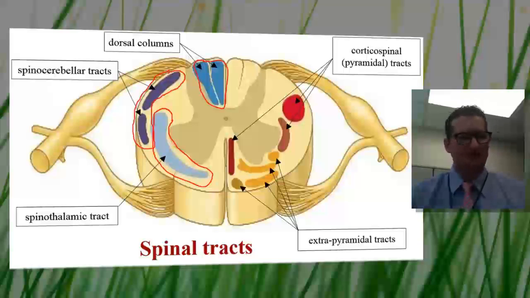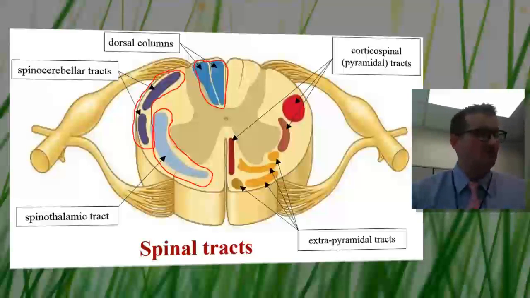It's called proprioception. The spinal cerebellar tract is responsible for proprioception also, and the spinal thalamic tracts down in this region here relay the sensations of temperature, pressure, pain, and touch.